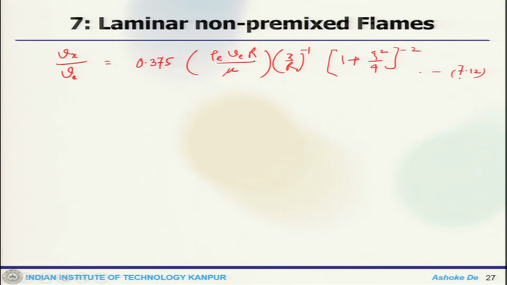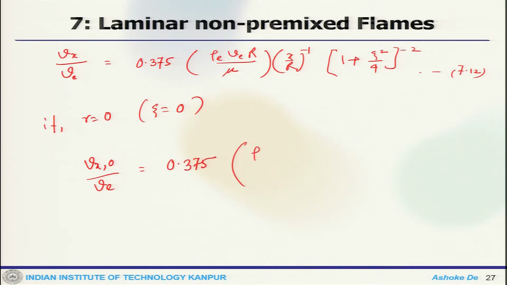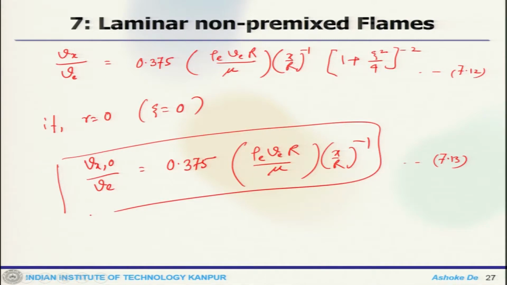Now, the dimensionless center line velocity, it decays. Now, this can be obtained by setting r equals to 0. If we put xi equals to 0, V x 0 by V e is nothing but 3 by 32, rho e V e, x by r minus 1. So, this is what we get.